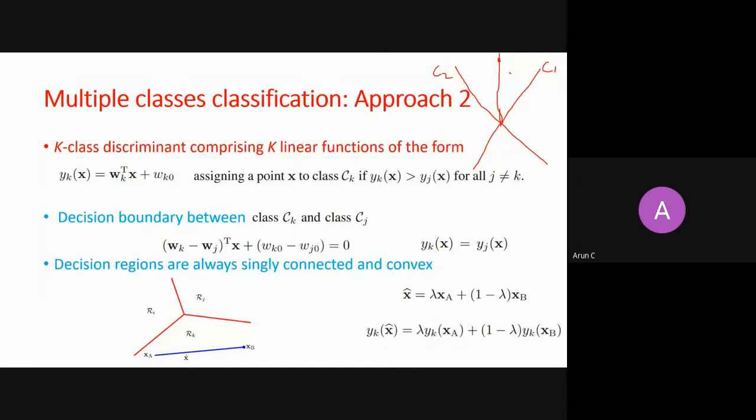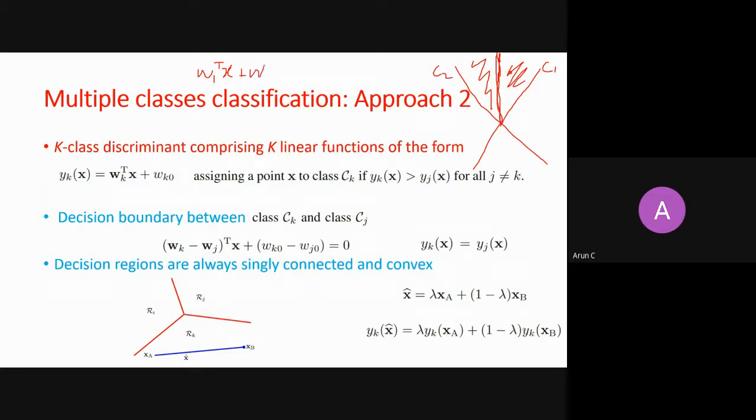If this point belongs here, then it is closer to C1. So this is the C1 region, and all those points here form the C2 region, right? So an imaginary hyperplane comes into the picture, and you can form it like this. It is W1 transpose X plus W10.